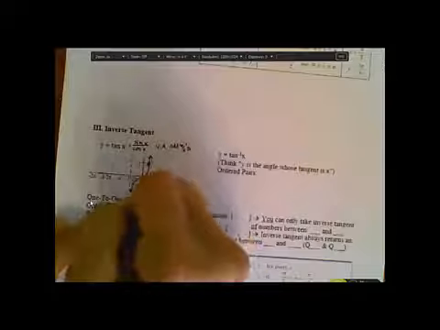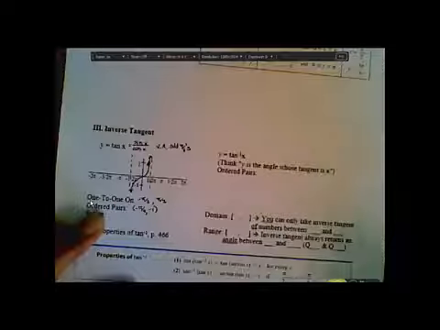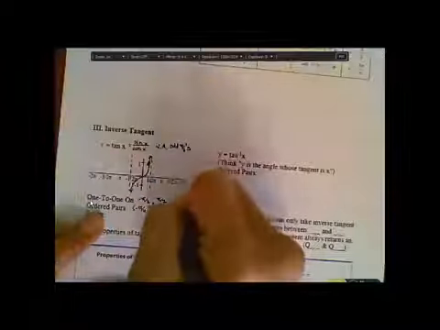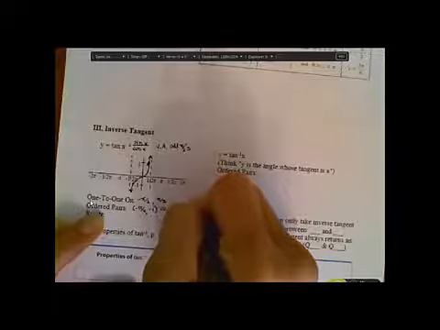And some ordered pairs in that interval. Well, we just said at negative pi over 4, tangent is negative 1. At 0 radians, tangent is 0. And at positive pi over 4, tangent is positive 1.